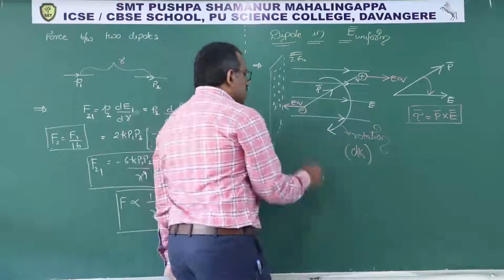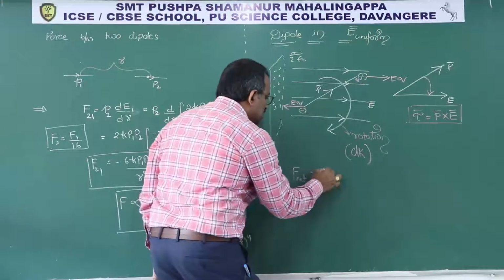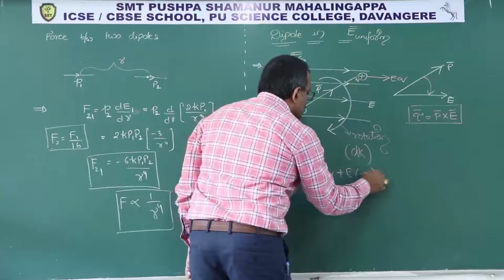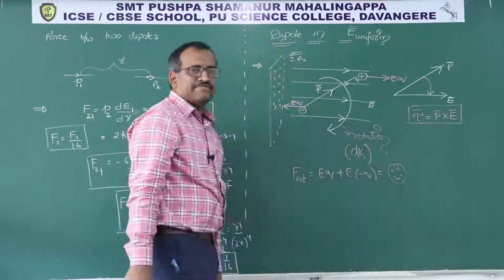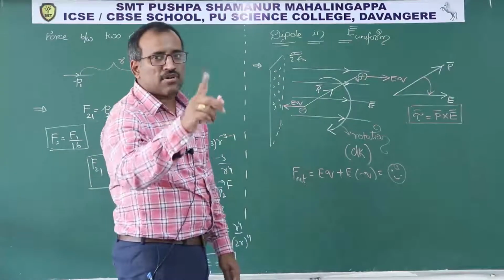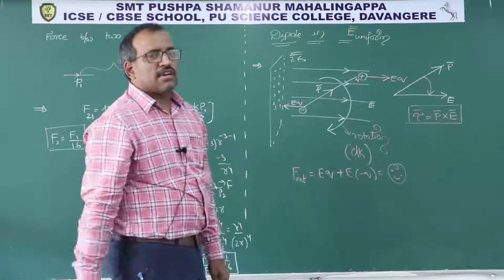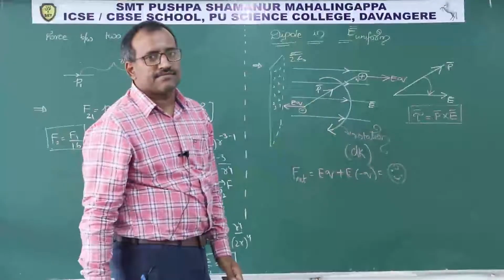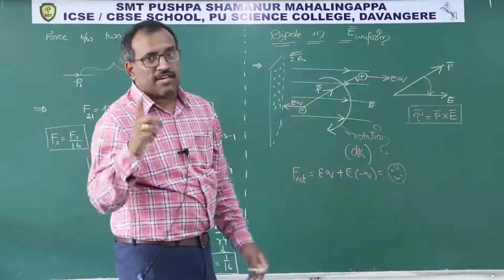Clear? Now, what is the net force? Net force is EQ plus E minus Q. Yes, answer is smiley, obviously 0. Net force acting on a dipole kept in uniform field is always 0. Please mind it, is always 0.